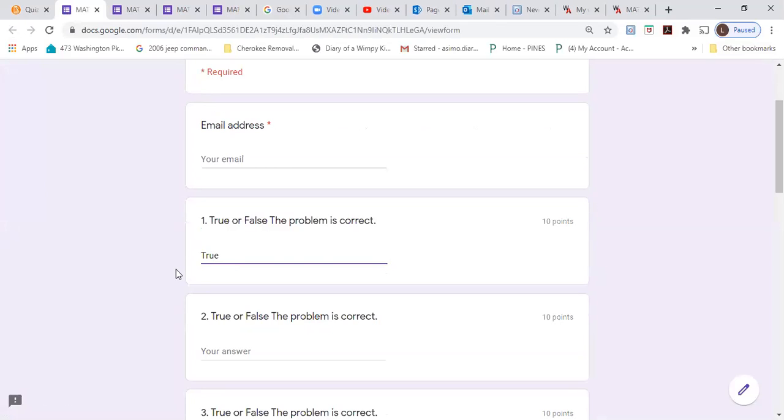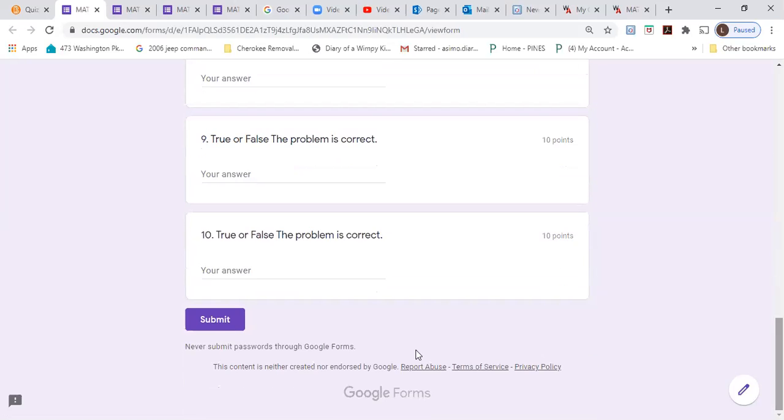Okay, and I'll enter 5. I haven't really looked at it, so I'm just randomly entering this, but this is the form. I've shown you what word to type: capital T True, capital F False. You can submit at the bottom.